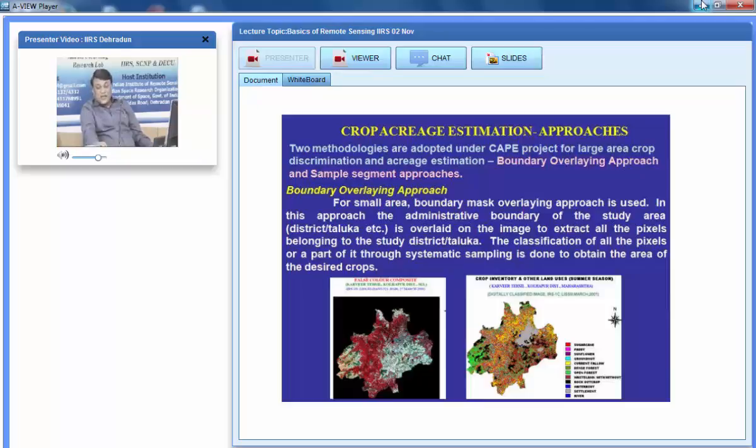Then training statistics were generated, and finally classification was carried out based on this supervised classification algorithm. Here attempts were made to classify sugarcane, sunflower, rice, different kinds of crops. So 4 or 5 crops are possible to discriminate within this particular Kolhapur Tehsil.